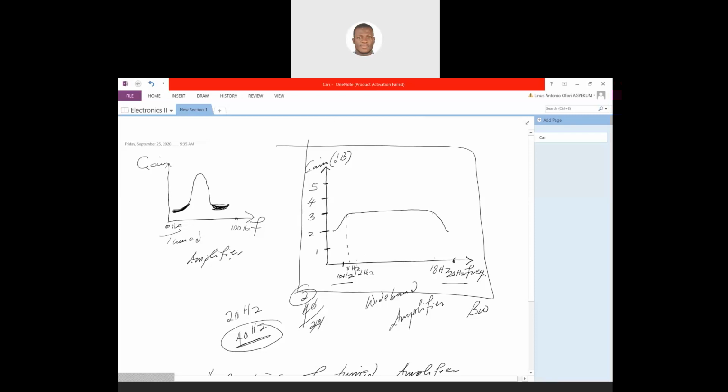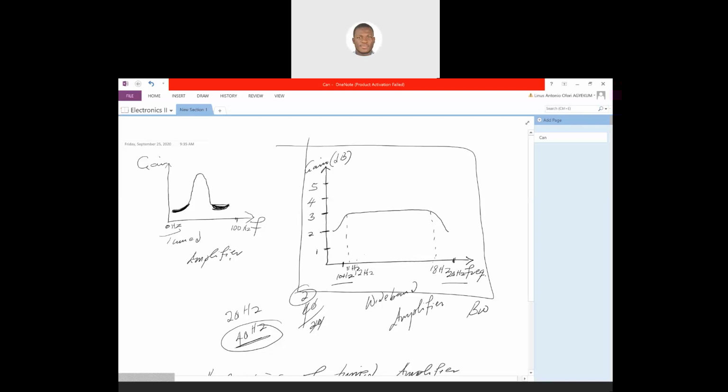Let's assume the frequency where it started rising is about 5 hertz, and then at about 11 hertz the gain remained constant till it got to about 18 hertz. So you realize that the gain of the amplifier was constant for a very wide range of frequencies. Do you understand? Yes, sir.